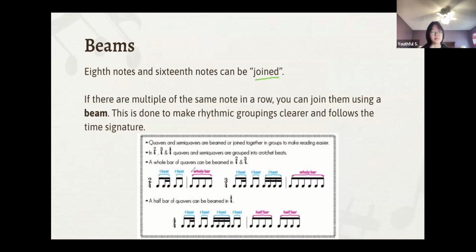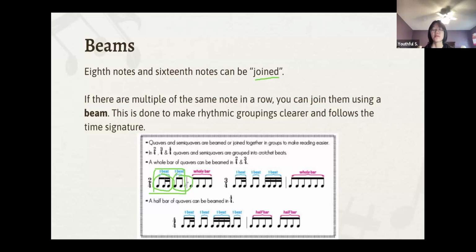Some rules that you want to pay attention to: don't just randomly join the notes together. You want to join them in a way that follows the time signature. For instance, if you look at this here, the way they join the notes is not random. They have the first beat joined together and then the second beat joined together.